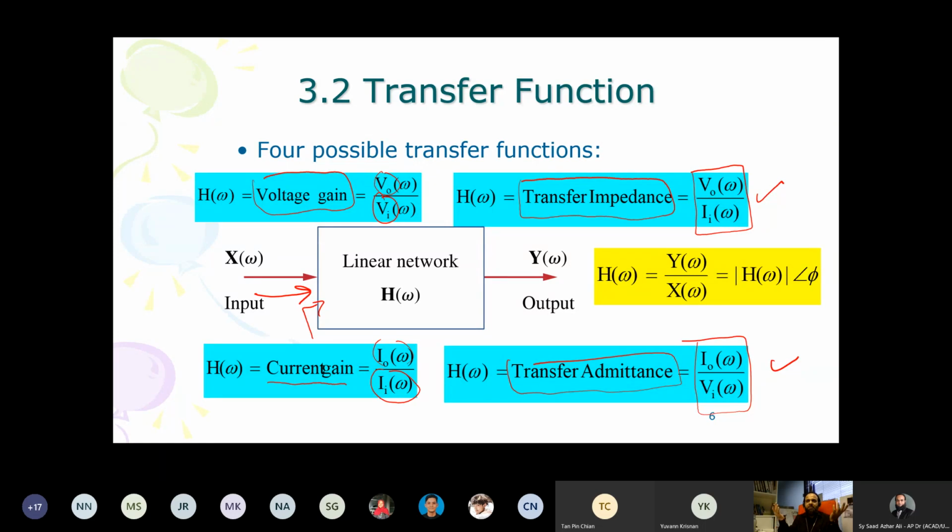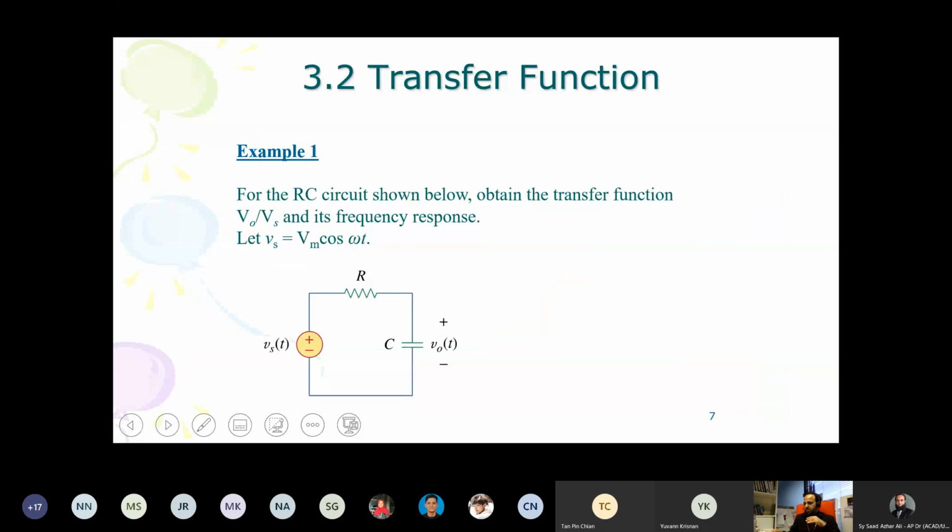Suppose it is not mentioned which transfer function you're looking at, for example, if this part is not given, then you have to assume that since it is not given, it looks like Vs is the input and V0 is the output, so I'm considering V0 over Vs as the transfer function.